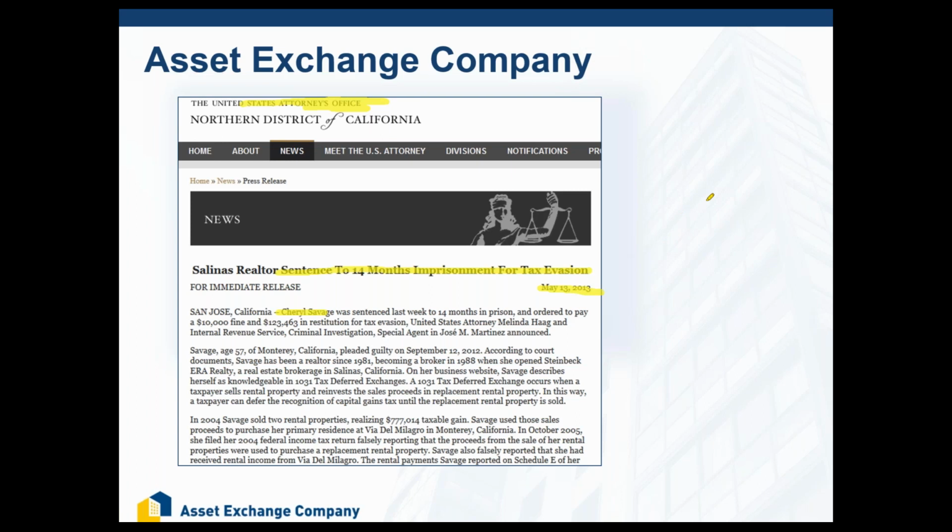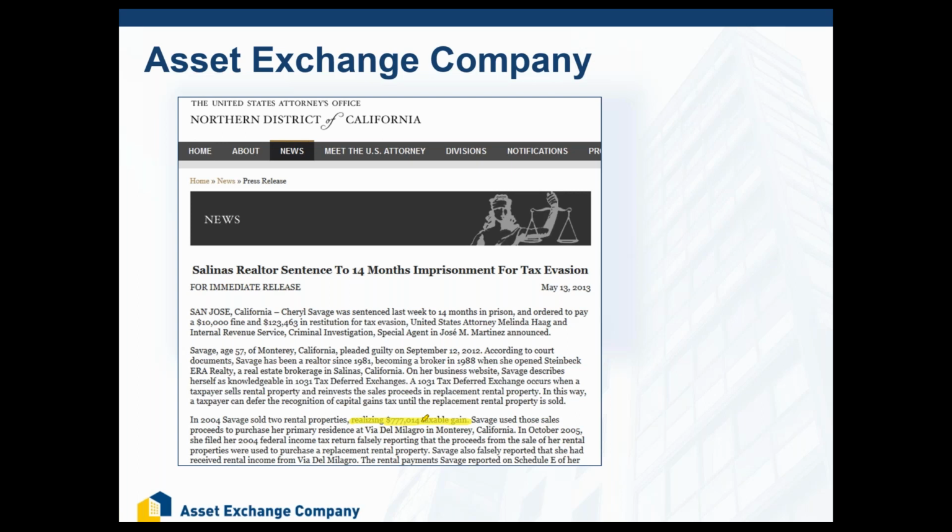Let me tell you what Cheryl did, ladies and gentlemen. Cheryl sold a property, and she didn't want to pay taxes on the $750,000 of gain in the property that she sold. So Cheryl, being a real estate agent, was aware of the 1031 exchange and the fact that she could defer the taxes provided she went out and completed the exchange.